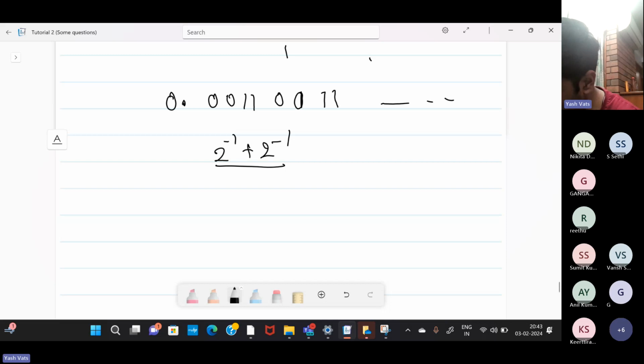Okay, I just check from the lectures. 2 to the power 2 and 2 to the power 1 and 2 to the power 2. It is 0.75. I have to see this number. How do we recover it?